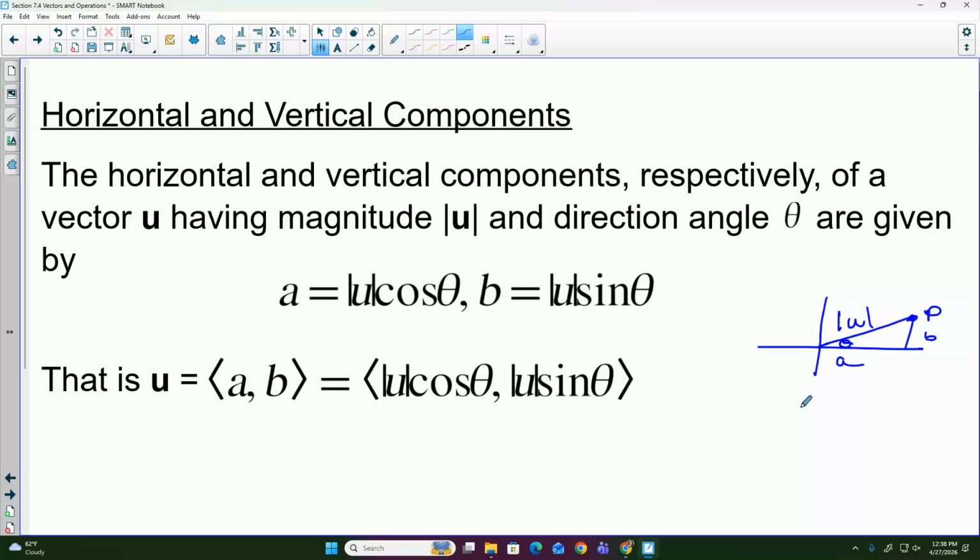And so we know that cosine is adjacent over hypotenuse. So if you multiply over the hypotenuse, you get that for your a. Sine is opposite over hypotenuse. If you multiply that magnitude over, you get your b value. So that's where it comes from. Again, I'm giving you that on your formula sheet. It's just the notation for vectors.